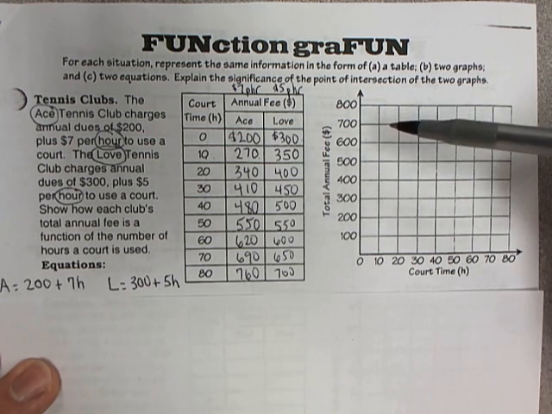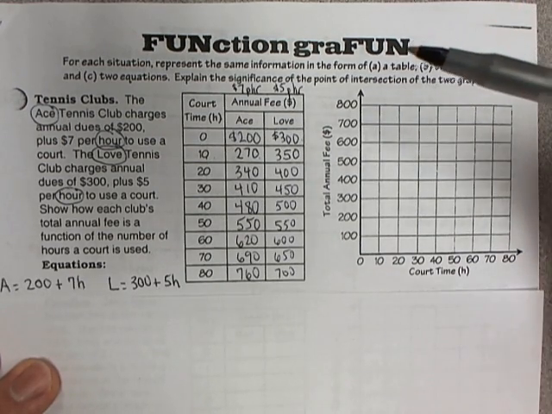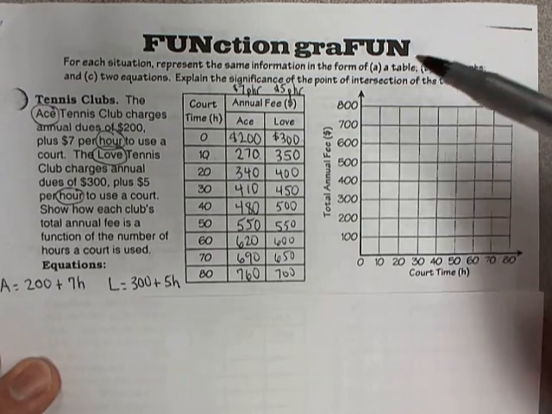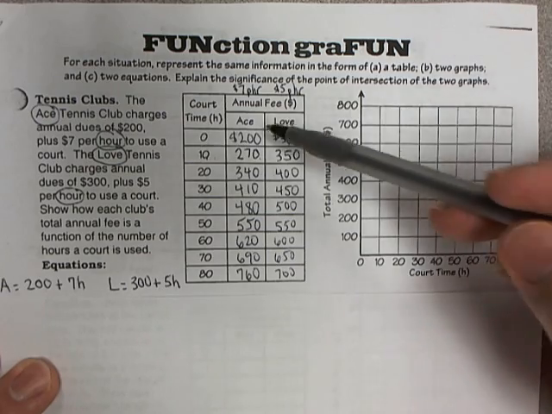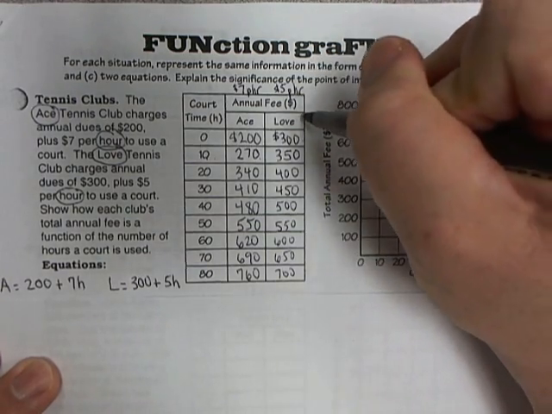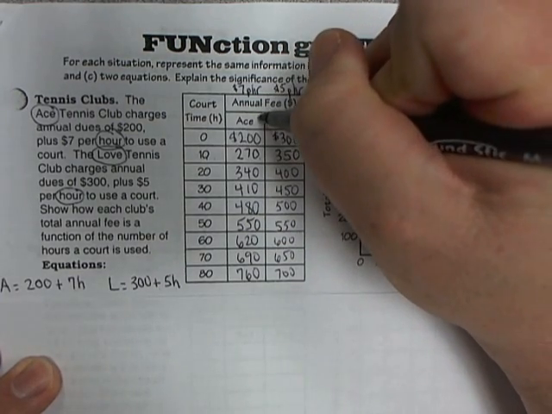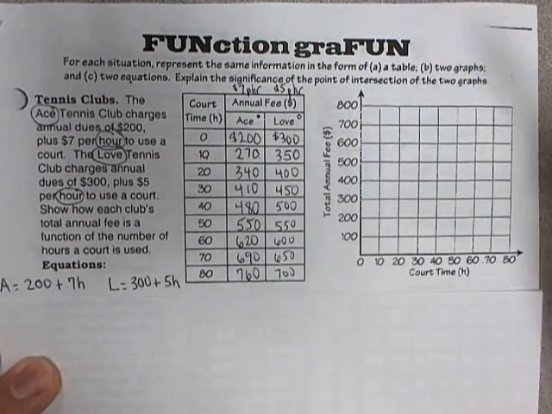So total annual fee includes the membership fee plus the cost to rent the tennis court for a certain number of hours. So since we're comparing Ace to Love, let's use an open circle on the graph to represent Love and a shaded in circle on the graph to represent Ace. And I'll put that in the table so I remember which is which.